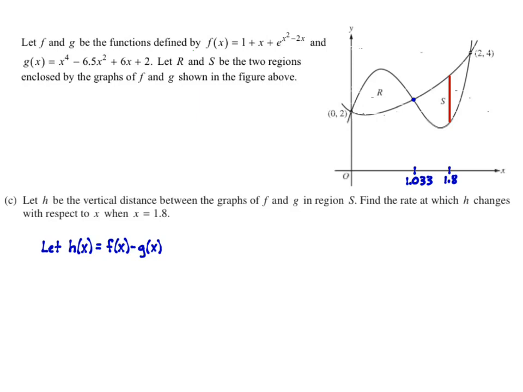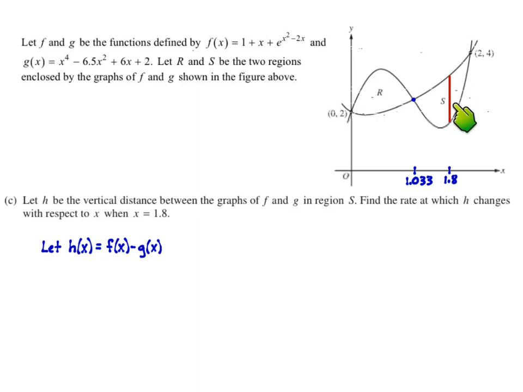Now, we are looking for the rate at which h changes at x equals 1.8. And you can kind of see what it's talking about. If I draw a vertical line here, and then I move it over and draw a vertical line here, and then I move it over again, you're going to see that vertical line increasing. It's getting bigger and bigger, up until it gets to a point where it's going to start decreasing.